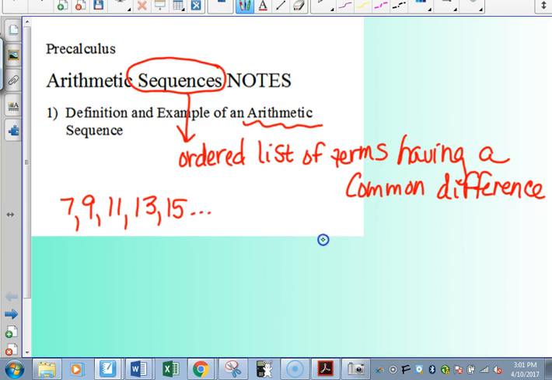Now, all kinds of crazy vocabulary coming up here. N equals the term number. Write that down. So A sub n is some term.